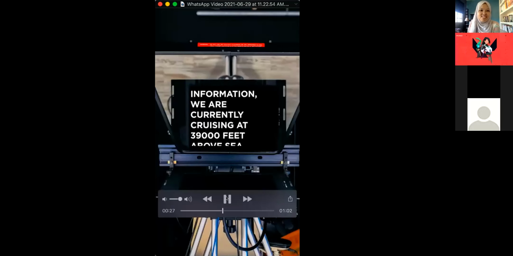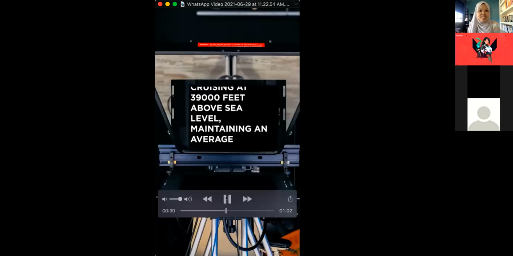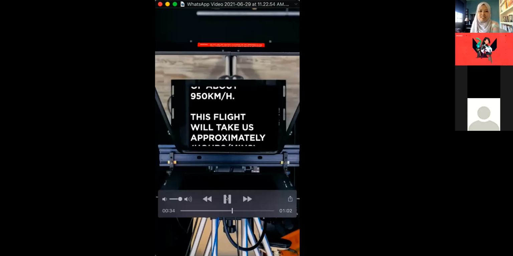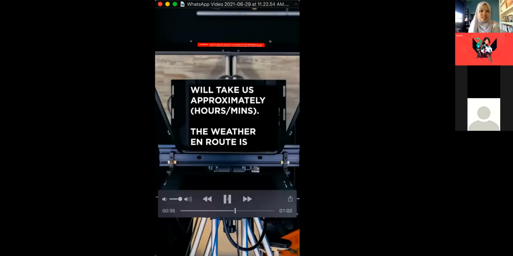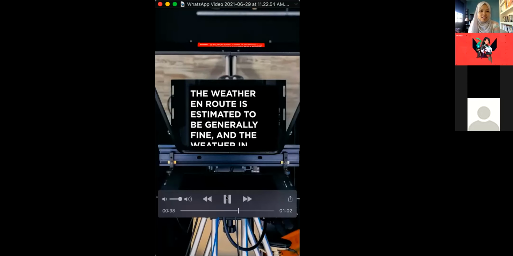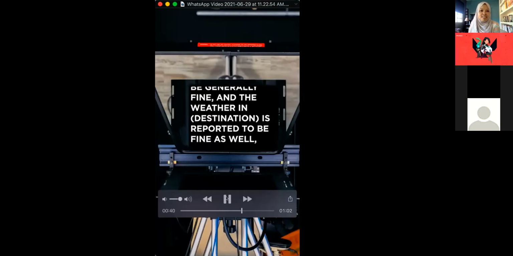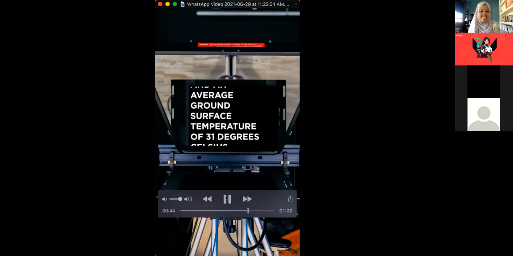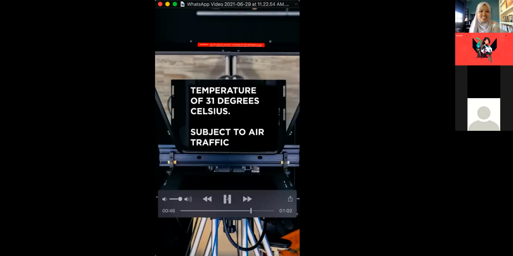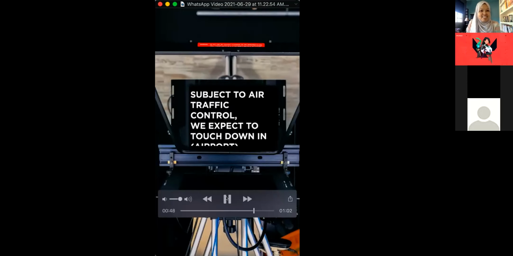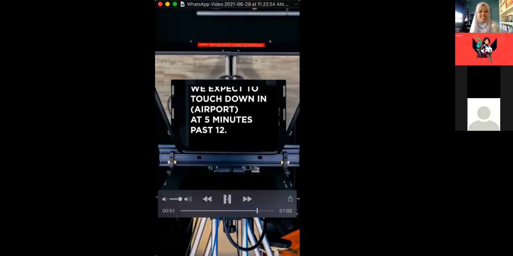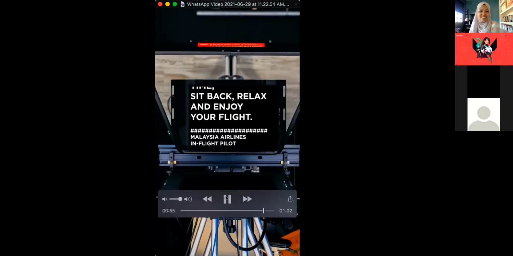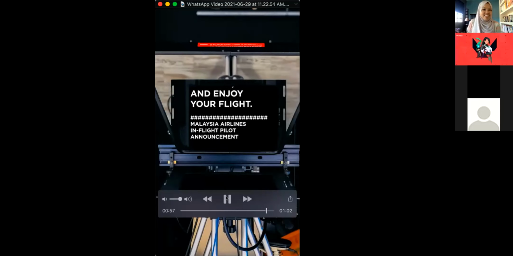For your information, we are currently cruising at 39,000 feet above sea level, maintaining an average ground speed of about 950 km per hour. This flight will take us approximately 3 hours. The weather en route is estimated to be fine. It's reported to be fine as well. Sunny skies and an average ground surface temperature of 31 degrees Celsius. Subject to air traffic control, we expect to touch down at Senai Airport at 5 minutes past 12. In the meantime, sit back, relax, and enjoy your flight.